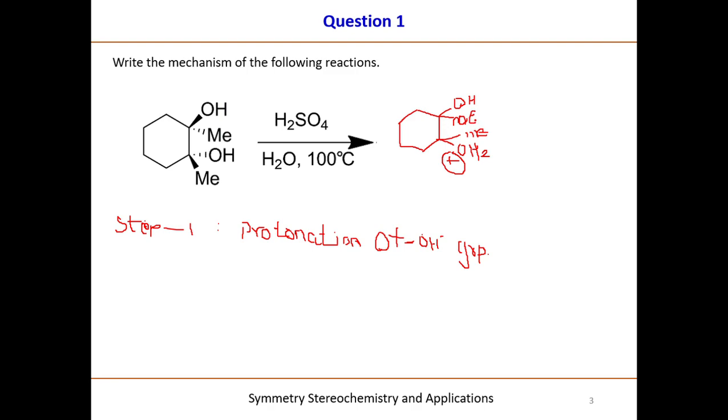The second step is the loss of an H2O molecule and the formation of a carbocation. The H2O group protonated earlier will be eliminated, and carbocation formation will take place over here.